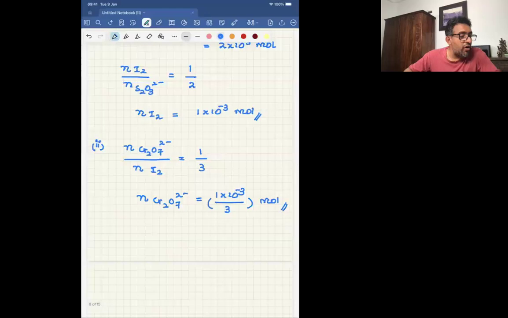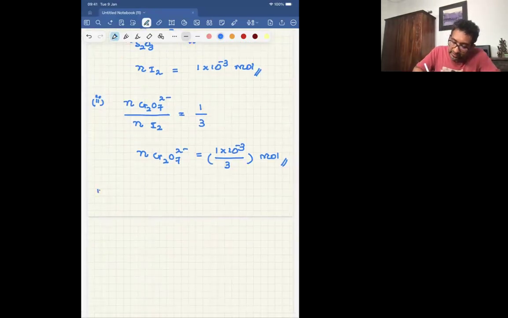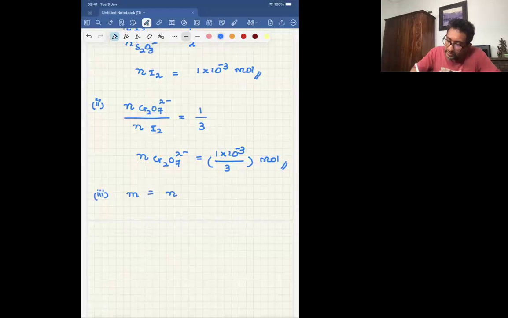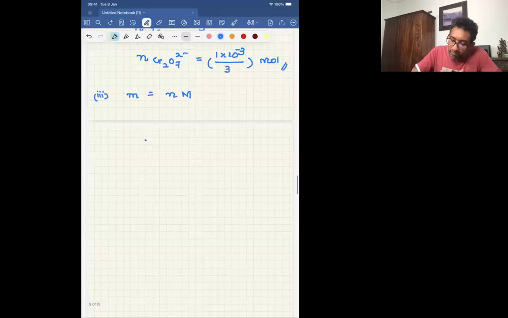So the number of moles of dichromate is there. Calculate the formula mass of potassium dichromate and the mass of it in the 25 milliliter sample. Mass is equal to number of moles times the molecular mass. The number of moles is 1 times 10 to the power minus 3 divided by 3. What is the molecular mass of potassium dichromate? 39 times 2 for potassium, plus dichromate 52 times 2 plus 16 times 7, gives you 294.